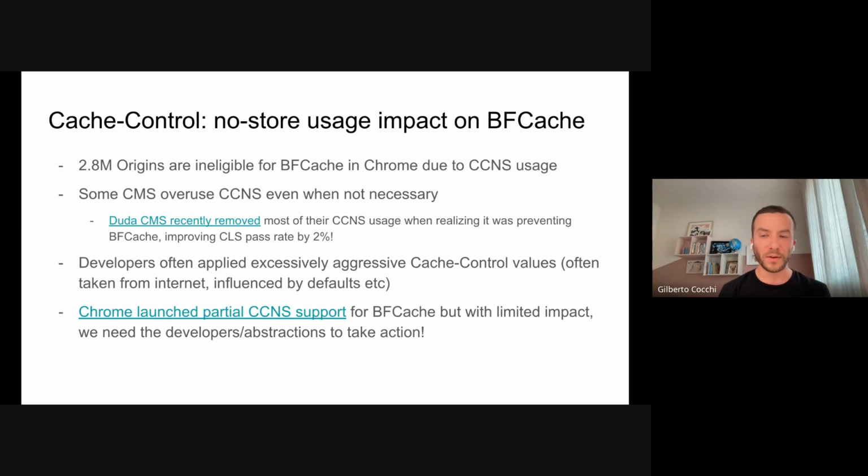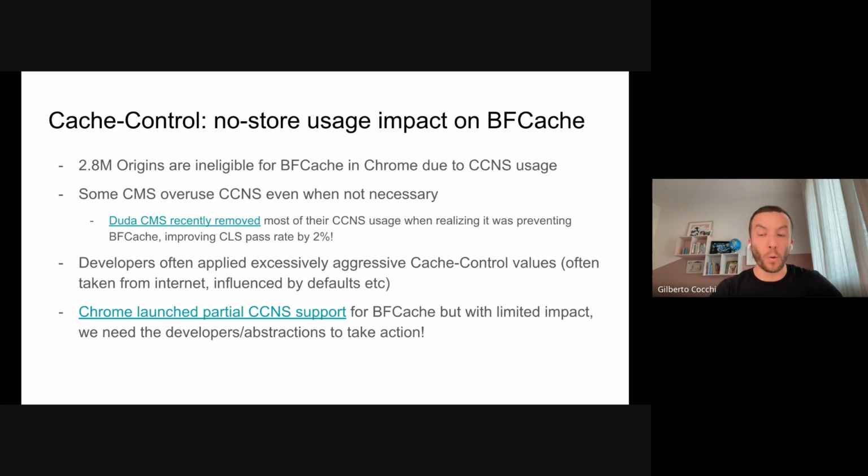I think that was peculiar, and by digging more, I identified that, for example, sites using Nginx or Apache tend to be really dominated by this CCNS usage, whereas others, like SaaS versions, may not use CCNS at all.